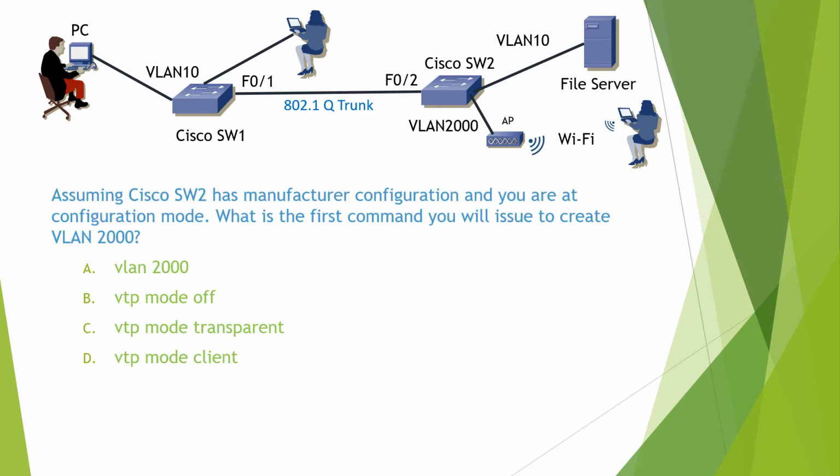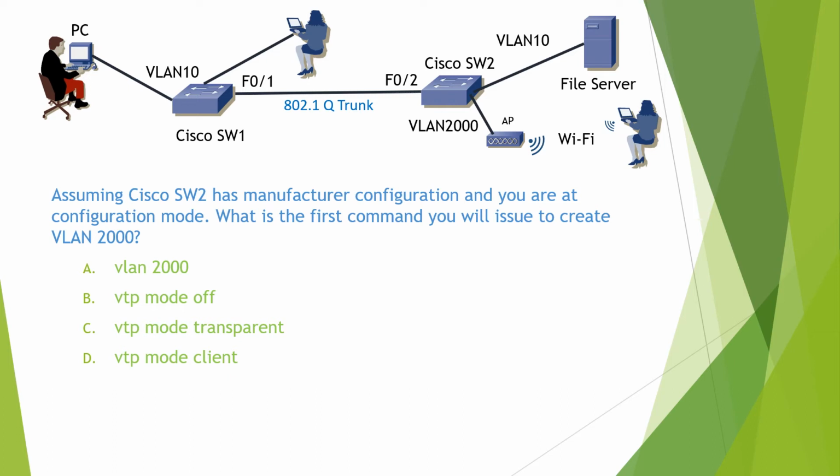Assuming Cisco SW2 has manufacturer configuration and you are in configuration mode, what is the first command you will issue to create VLAN 2000? As we know, VLAN 2000 is an extended VLAN.